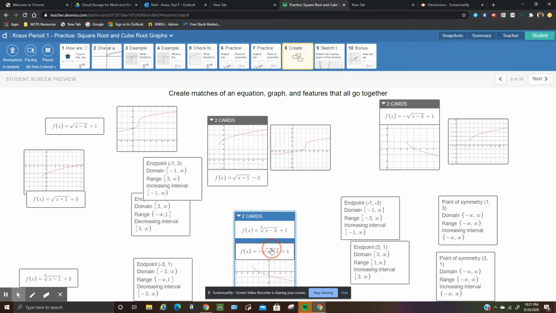Oh my goodness, this is annoying. Why did those join together? They're not right.